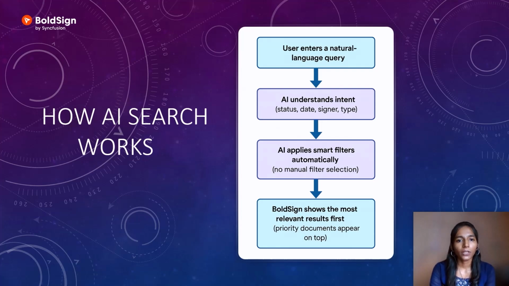If you include a person or role, it understands who is involved in the document. Behind the scenes, BoldSign automatically applies these conditions and displays the results that match your request. If the results look too broad, you can simply add another detail. If they feel too narrow, you can remove a condition. So BoldSign's AI search adapts to your request just like a natural conversation.